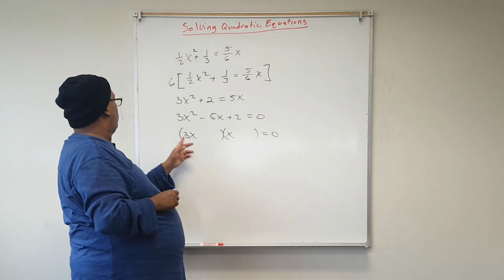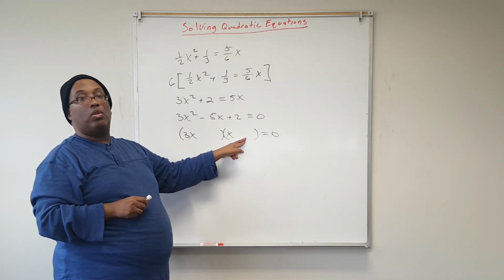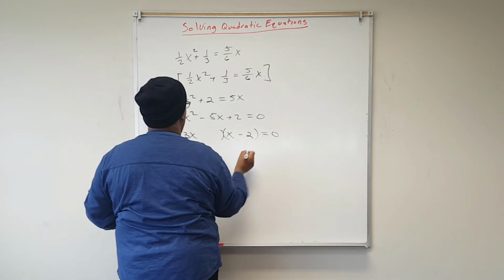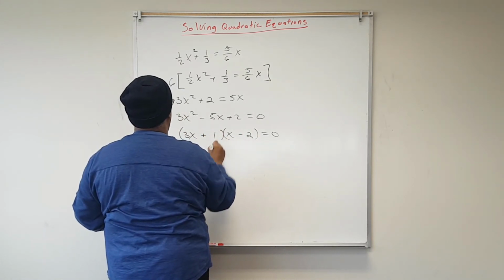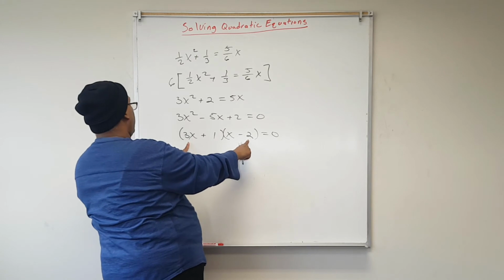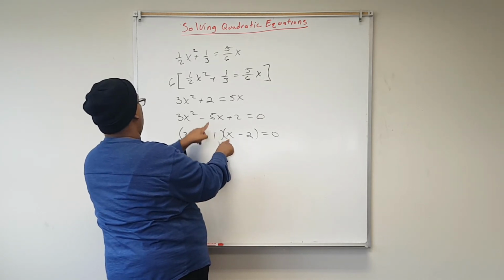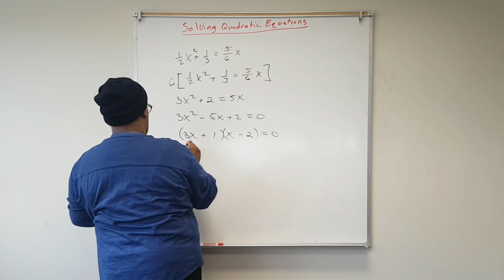We want 3 times a negative 2 to give us a negative 6. So negative 2 and a positive 1 gives us negative 6x plus 1x, which gives you negative 5x.